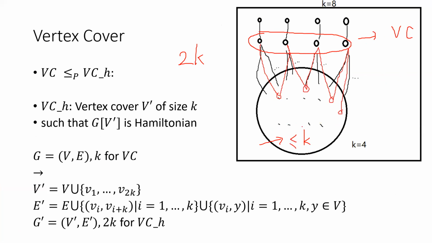This means we can find at most k vertices in graph G to form a vertex cover set. And we're done, because we just need the property of vertex cover.